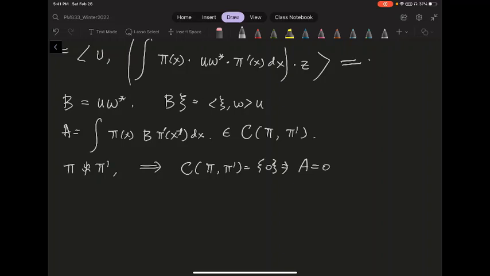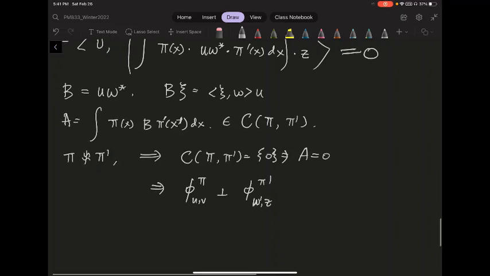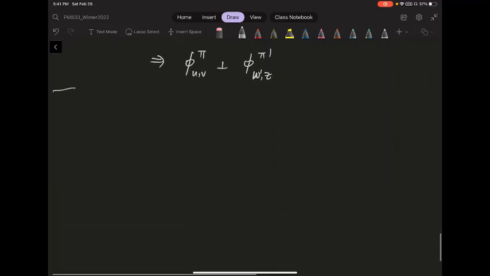In other words, this φ of uv is going to be orthogonal to this φ of wz with π′. Okay, so that proves the first part of this theorem. If you have two representations, if they're not unitarily equivalent, then their matrix coefficients are orthogonal to each other. All right, so now let's think about what happens if they're not orthogonal.